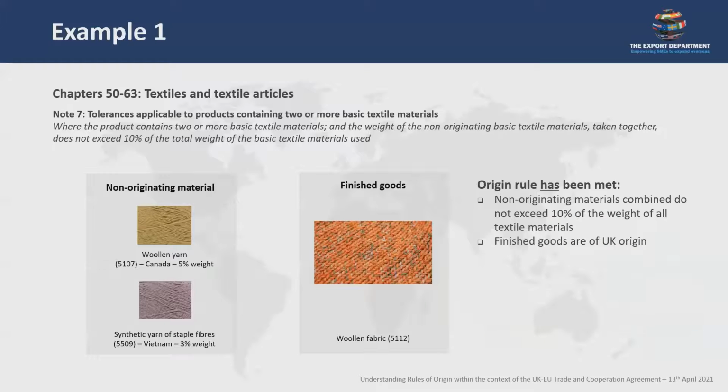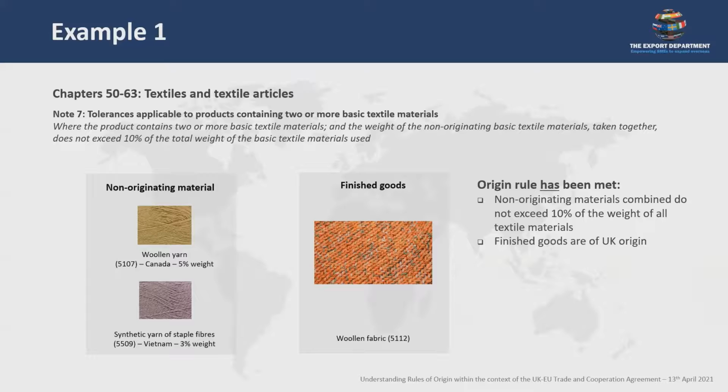Okay, so here is an example of a tolerance rule. This is for textiles and textile articles. The tolerance in note 7 is applicable to products containing 2 or more basic textile materials. The tolerance rule basically says where the product contains 2 or more basic textile materials and the weight of the non-originating basic textile material taken together does not exceed 10% of the total weight of the basic textile material used.